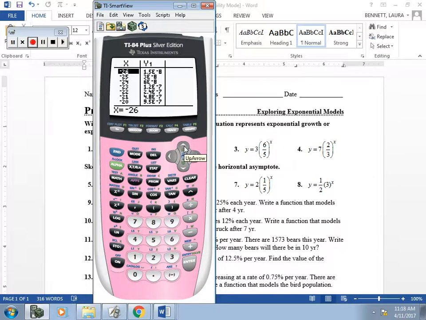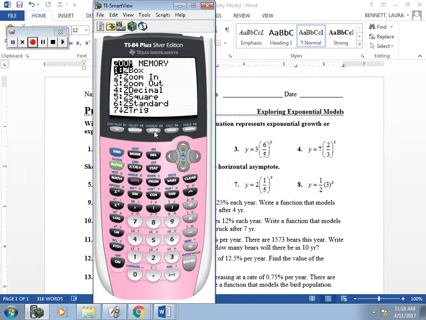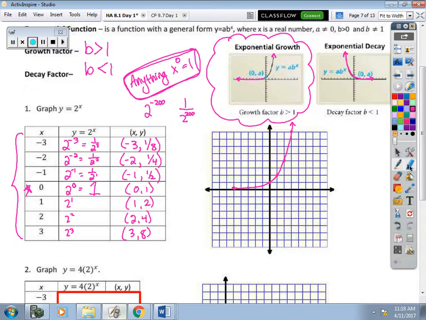So that's why when we look at our graph, and if you were to graph this on your calculator, it looks like it stops. And that's because it's so close to 0 that we can't see it in our graph, but it is still there. So what this is actually called right here, and we'll talk about this a little bit more tomorrow, this right here is called a horizontal asymptote.